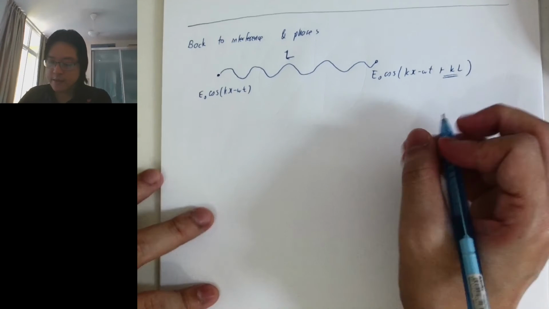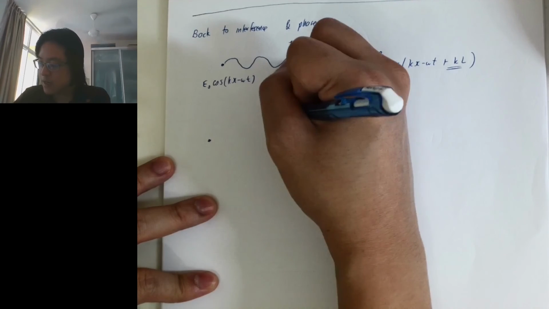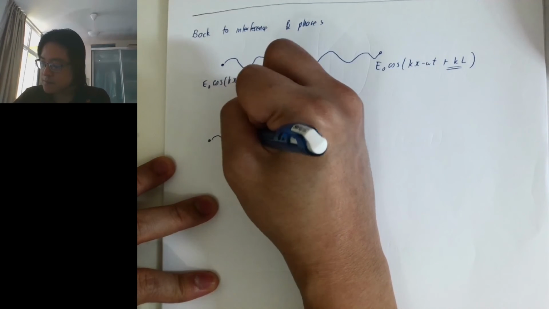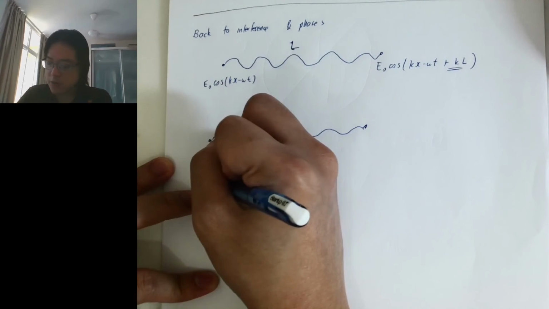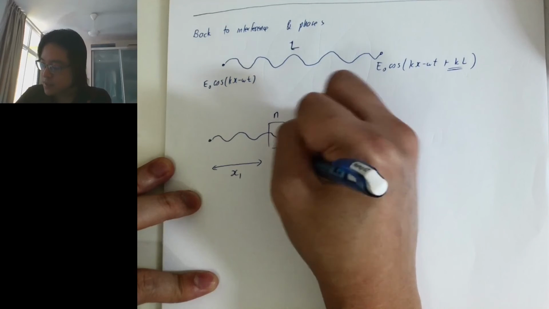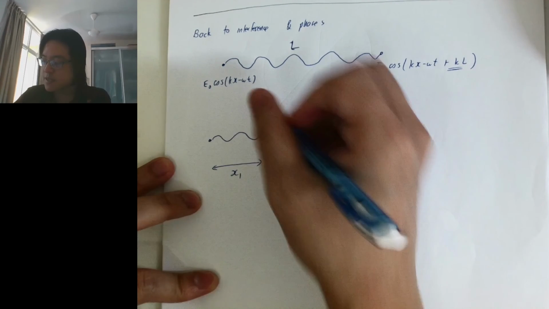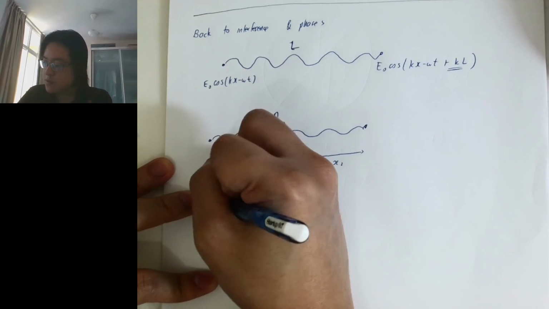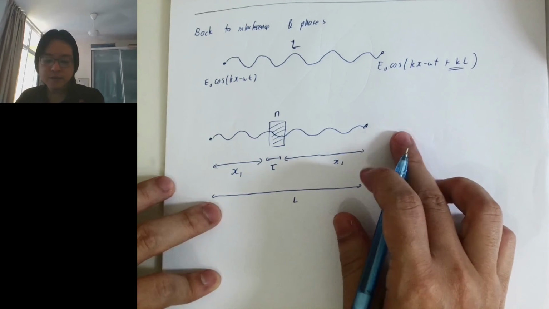Another thing I was mentioning is what happens if there is an object of refractive index n. Usually we know that the total distance is L, so we split this into x1 and x2, and this is the thickness tau of this material. So the total distance is just L. What happens to the phase?